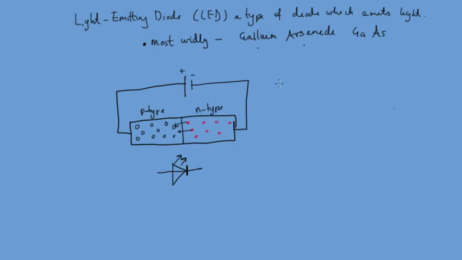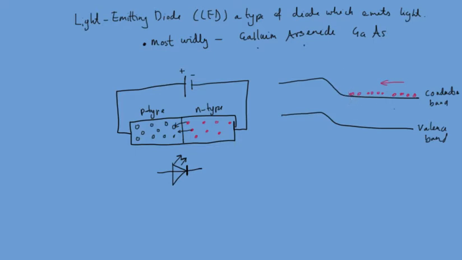Now if we draw this as an energy diagram, this is our valence band, and this is our conduction band, and we have our electrons here in our N-type, and they're moving along in this direction towards the depletion zone.